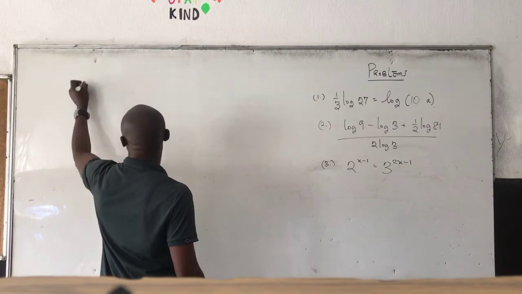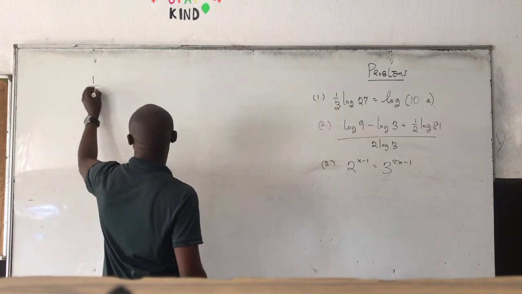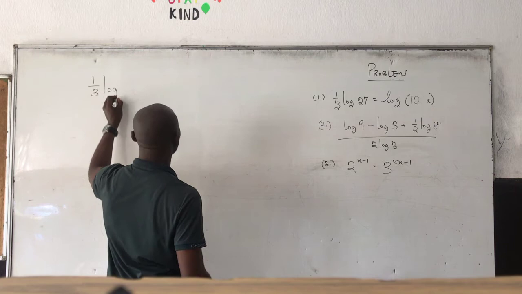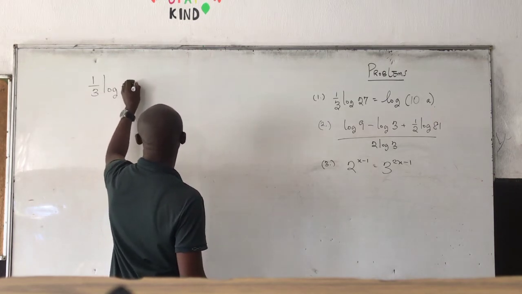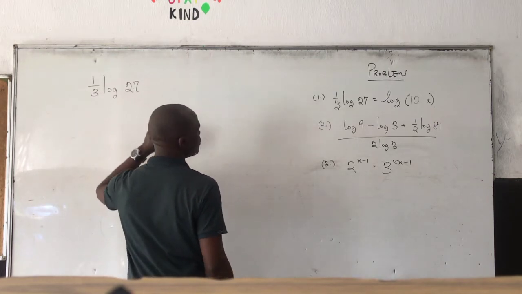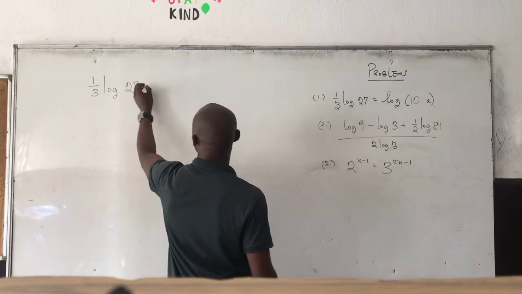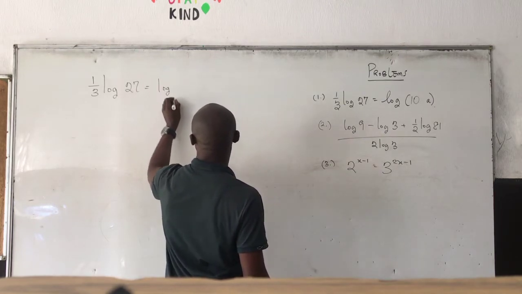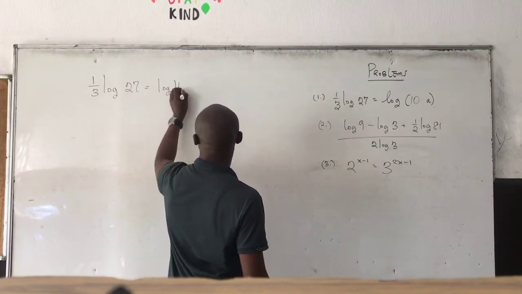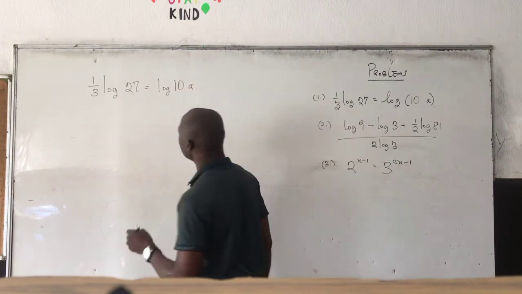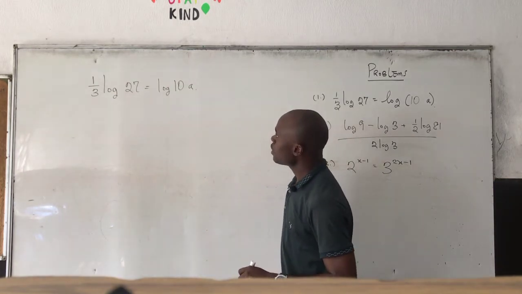This is 1 over 3 log 27, and that is equal to log 10a.